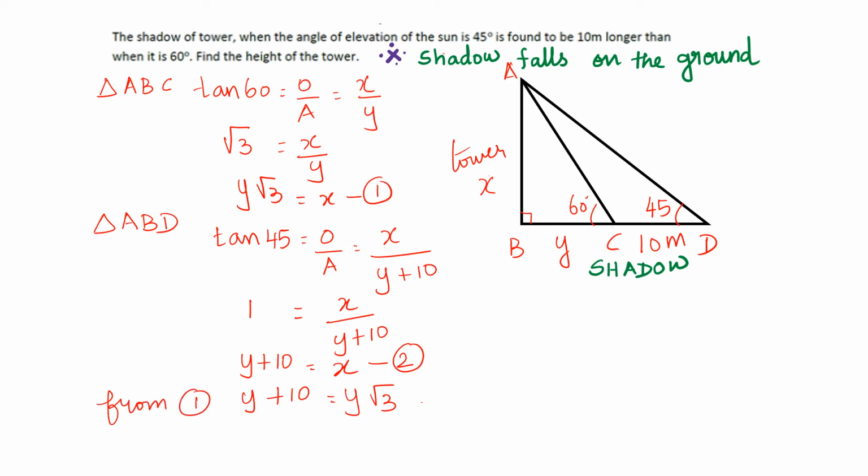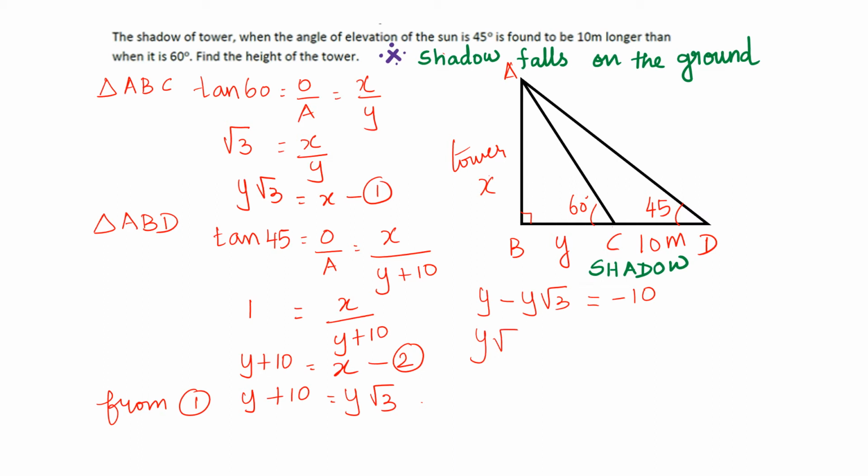From 1, y plus 10 equal to, instead of x here y root 3. So y plus 10 equal to y root 3, that y root 3 you take this side, y minus y root 3 equal to minus 10. So we don't want minus 10, so we'll exchange this.